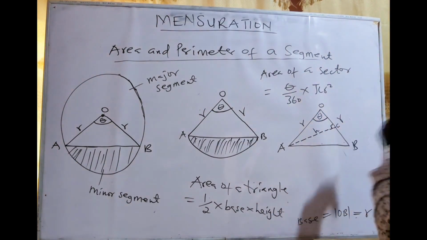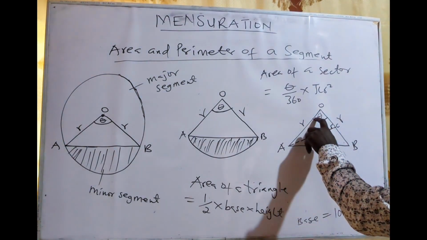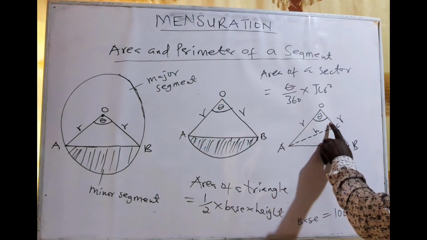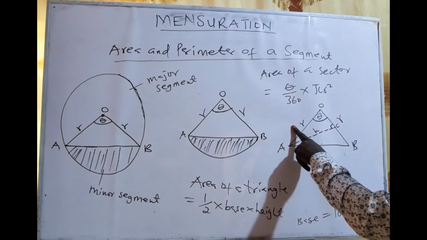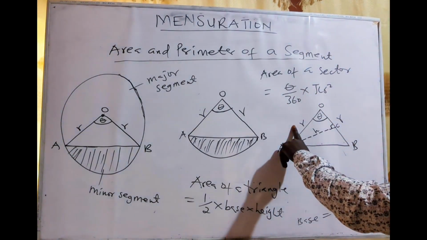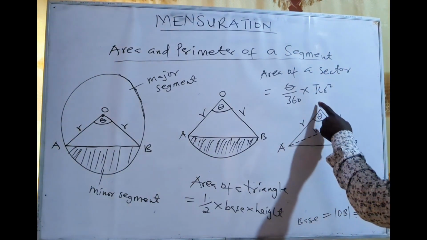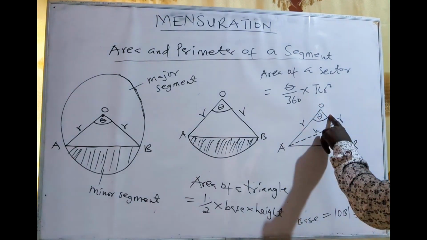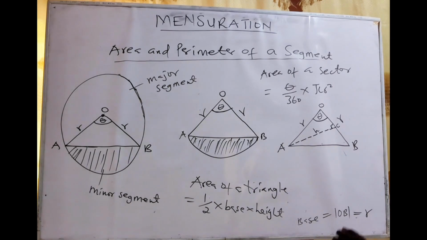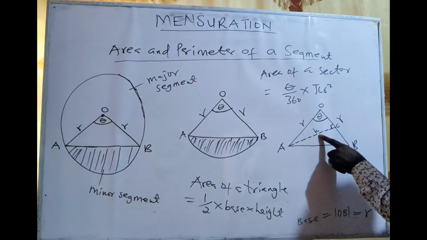If I want to find the height, I have my angle here. If here is 90 degrees, then this side becomes the hypotenuse. So the R here becomes the hypotenuse, and my H is here, and I have my angle here. I don't know OC, I don't know this side. The angle is opposite to the height.